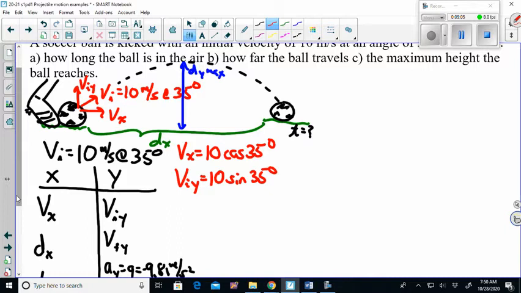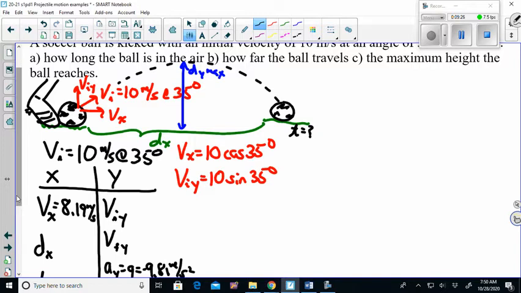So 10 cosine 35, 8.19. So my x velocity, 8.19 meters per second.